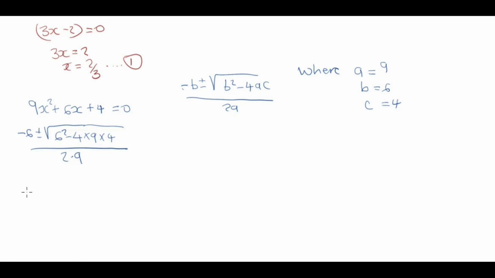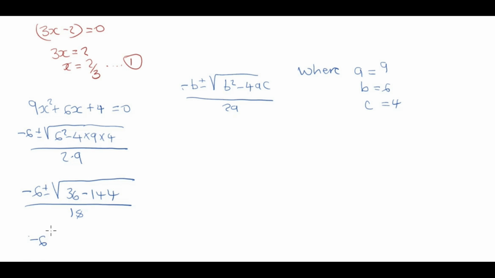So it will be negative 6 plus or minus the square root of 36 minus 144, because 4 times 9 times 4 is 144, over 18. When you work out 36 minus 144, it is negative 108.